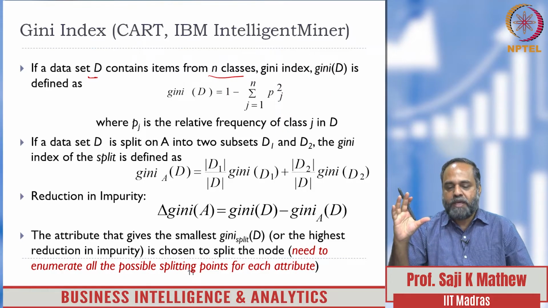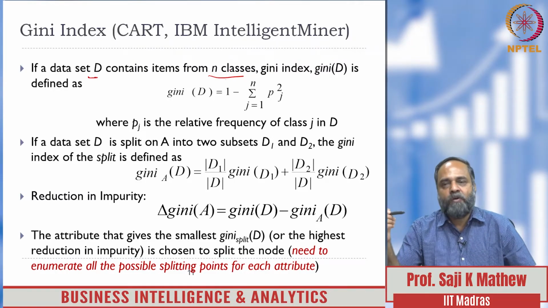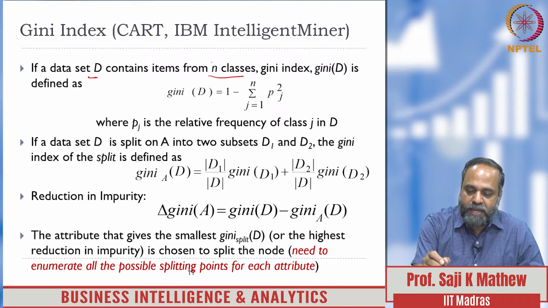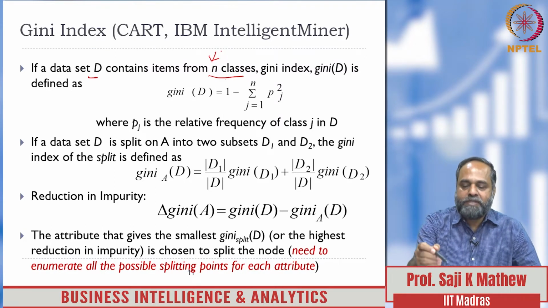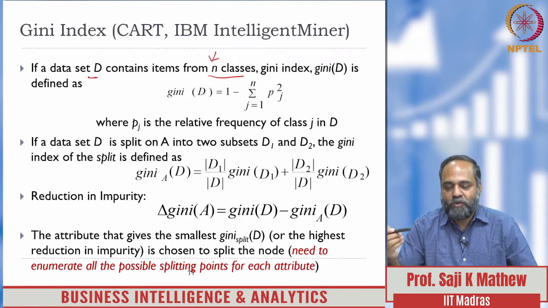D is the whole data set, and in the data set there are attributes and a target variable. The target variable has n classes, like in the case of our sunburn example, sunburn and no sunburn. So therefore 2 classes. That is for understanding.